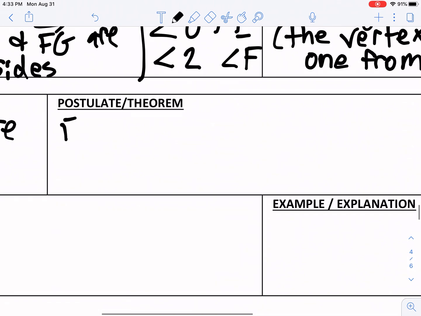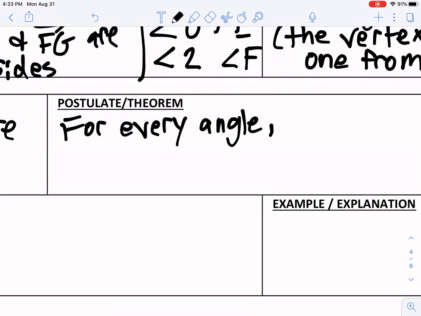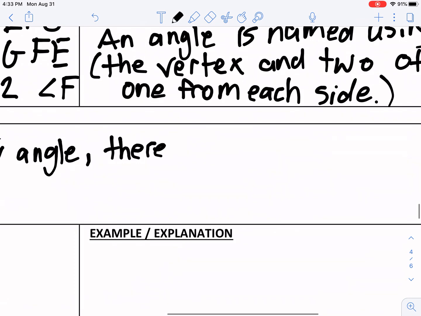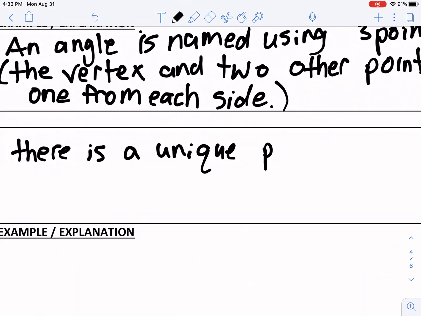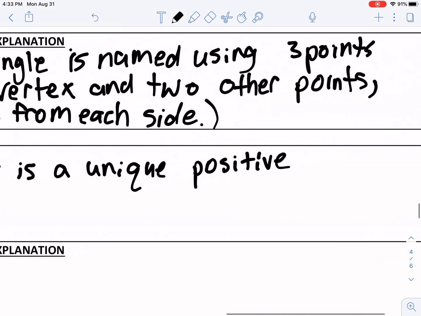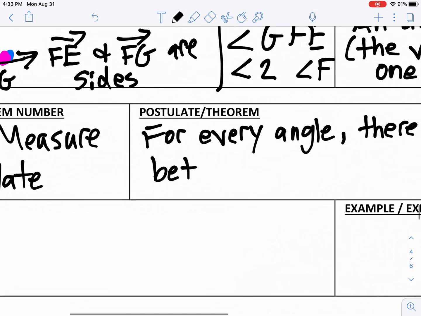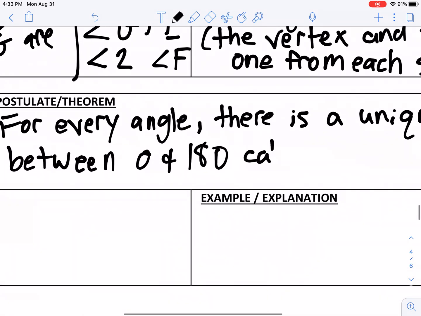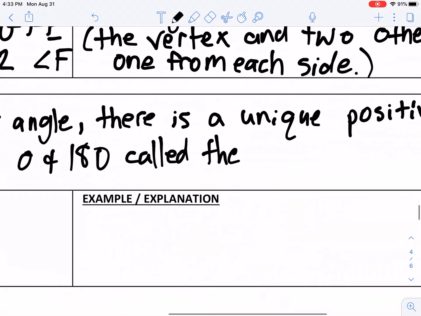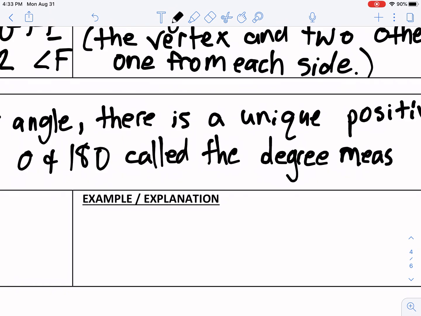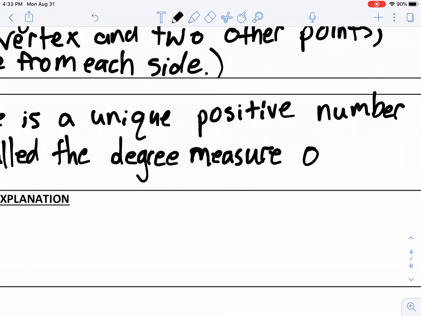Okay? And that says for every angle, there is a unique positive number between 0 and 180, called the degree measure of the angle.